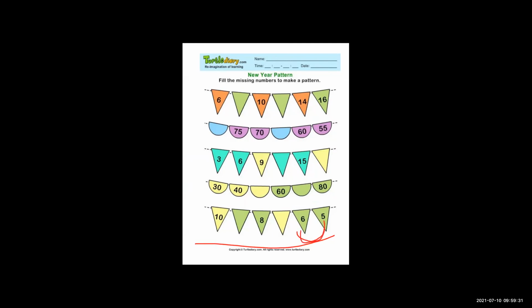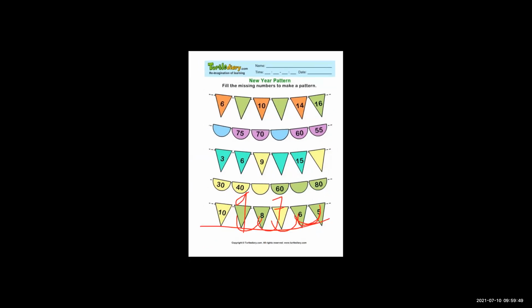After 5 comes 6, after 6 comes 7, after 7 comes 8, after 8 comes 9. This way we solve number patterns. I hope everyone understands number patterns. Everyone understands? Yes?